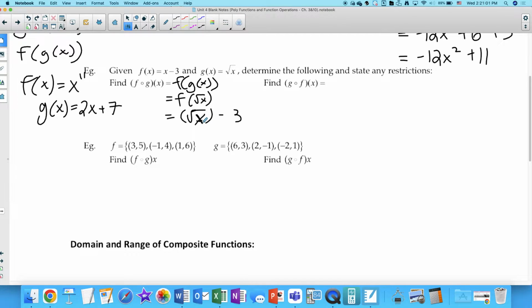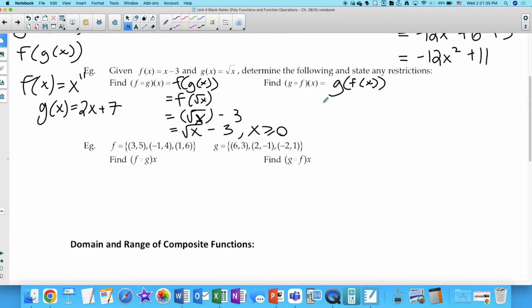At this point the brackets aren't really necessary, so you could write this as just the square root of x minus 3. What are the restrictions on x? Here, x must be greater than or equal to 0. In fact, this is a vertical translation of the function y equals root x, down 3 units.